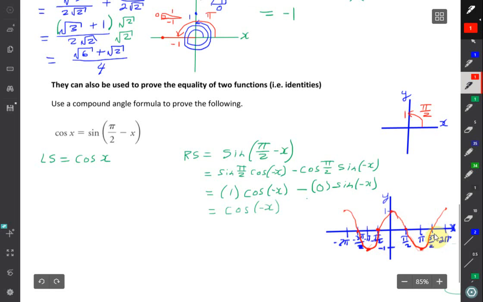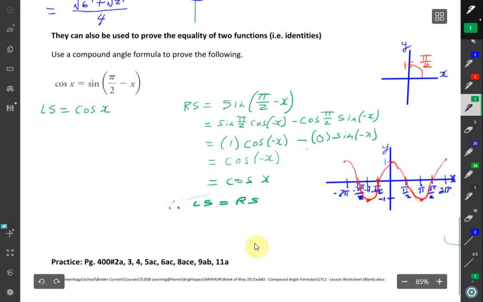If I take this graph and horizontally reflect this half over to this side across the y-axis and then reflect this over to this side, notice that they each fall on top of each other. So in reality, the cos of minus x looks exactly the same as the cos of x. So that means that we can simply write here the cos of x, and now we've proven that the left side is equal to the right side.